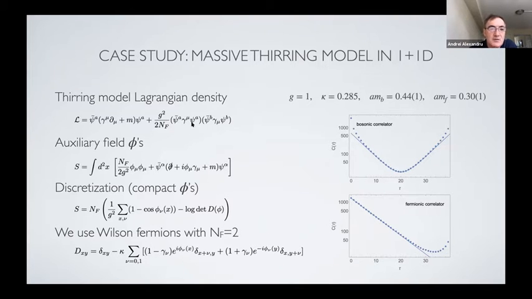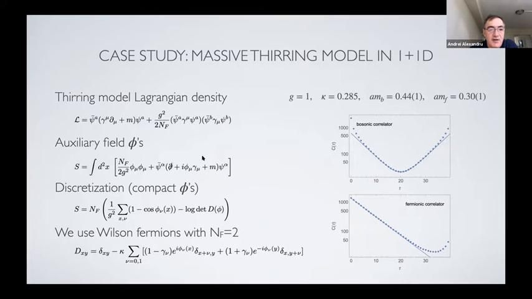We have a quartic fermion interaction here, so this has to be reduced to something quadratic, and the way it's reduced to quadratic is via a Hubbard-Stratonovich transformation. So we introduce this auxiliary field phi and reduce this Lagrangian density to an action that involves the auxiliary fields, and then the fermionic fields, the ones that we're interested in, appear only as a quadratic form.